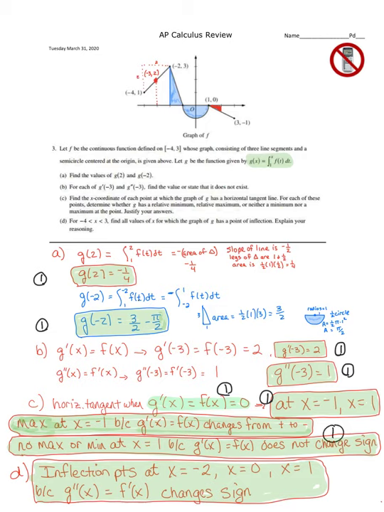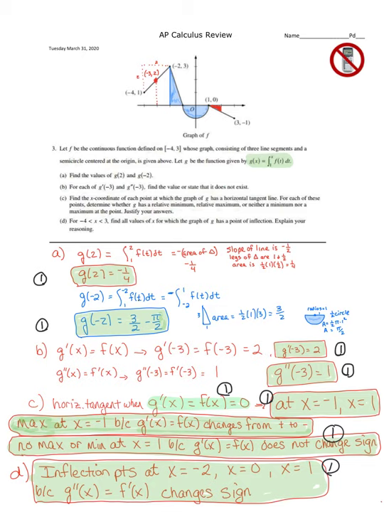And then we go to part D, and there are 2 points available in part D. You are going to get 1 point for the answer, and the answer being that you have inflection points at -2, 0, and 1.